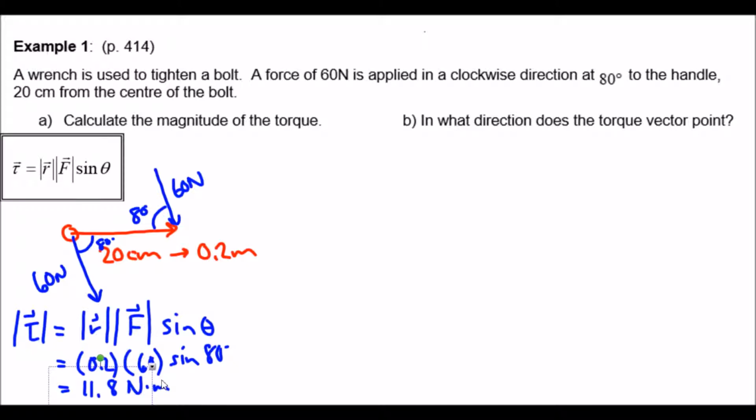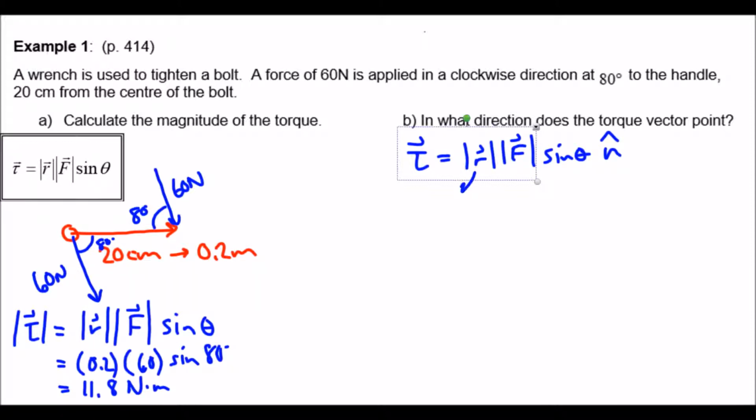Now what direction does this go in? Again, because the arm is always first and the force is second, my arm will be my index. So tau is equal to magnitude of R, magnitude of F, sine theta, and then we also have the normal at the end.